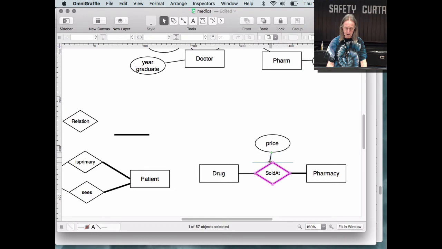That's basically analogous to the thing I had before. And on drugs, we've got a trade name and a formula, so there'd be two attributes there. Pharmacy, we've got a name, address, and so on. So that's getting part of the way through that rather large, complicated thing.